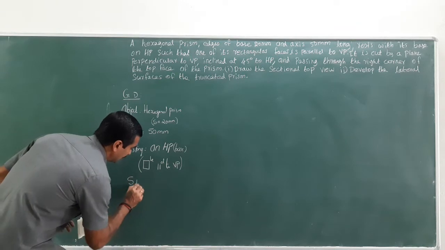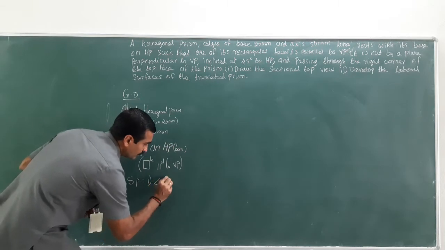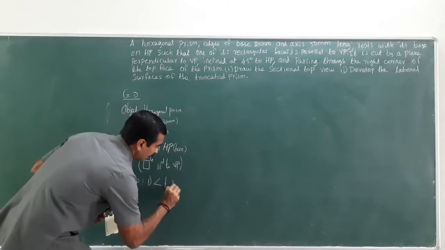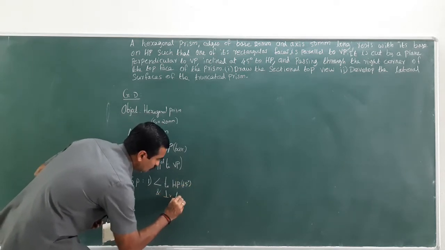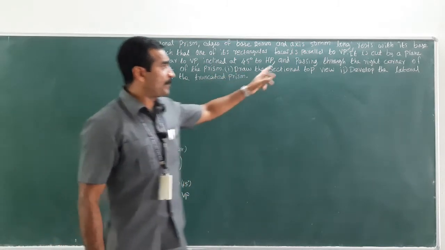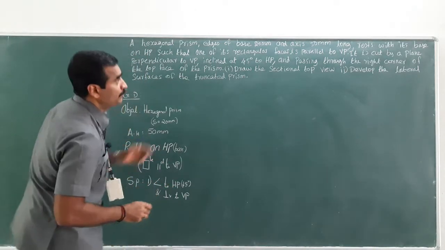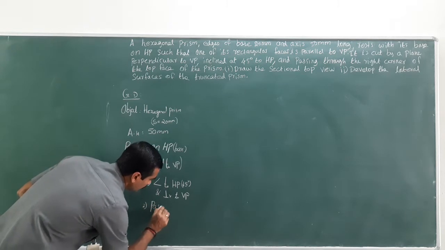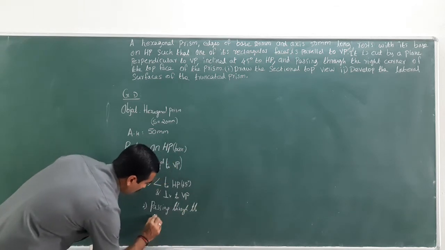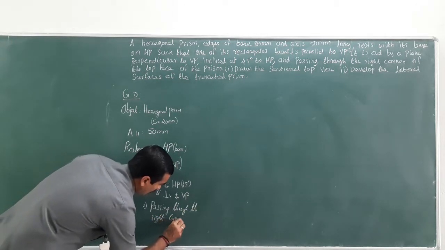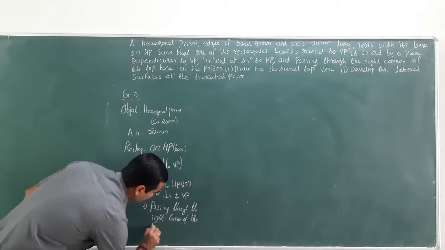So, the section plane or cutting plane, condition 1, that is inclined to HP 45 degree and perpendicular to VP and passing through the right top corner of the top face.